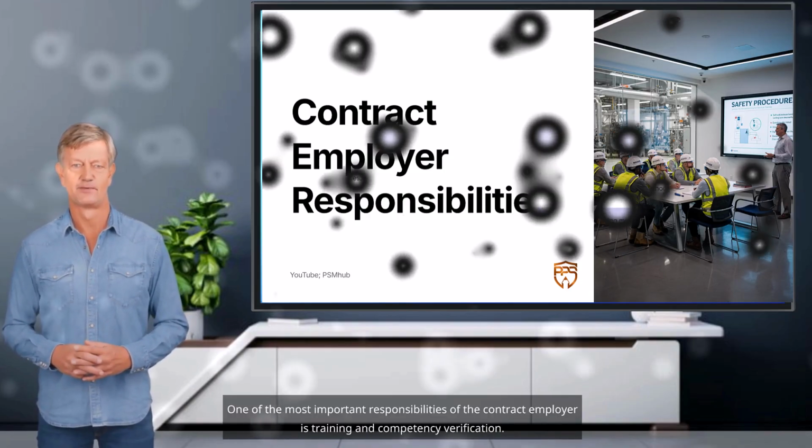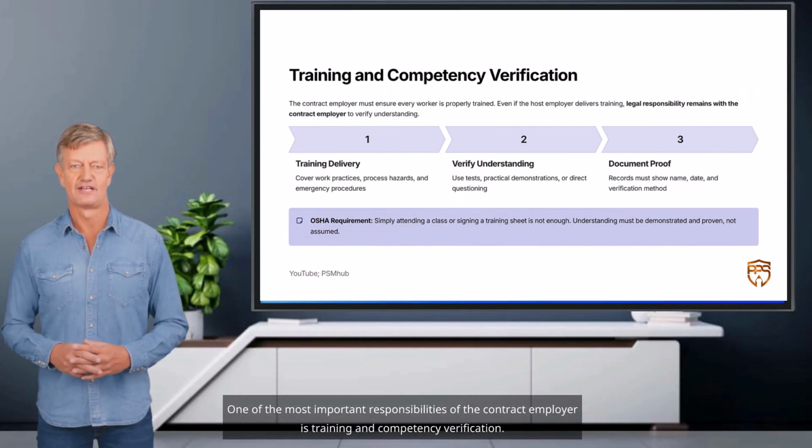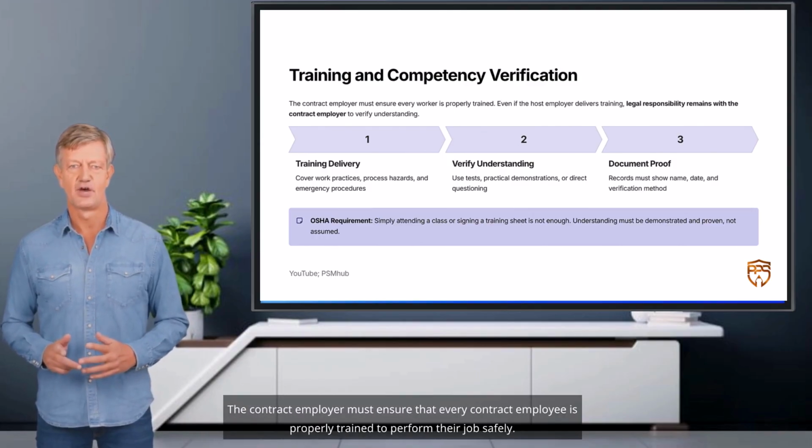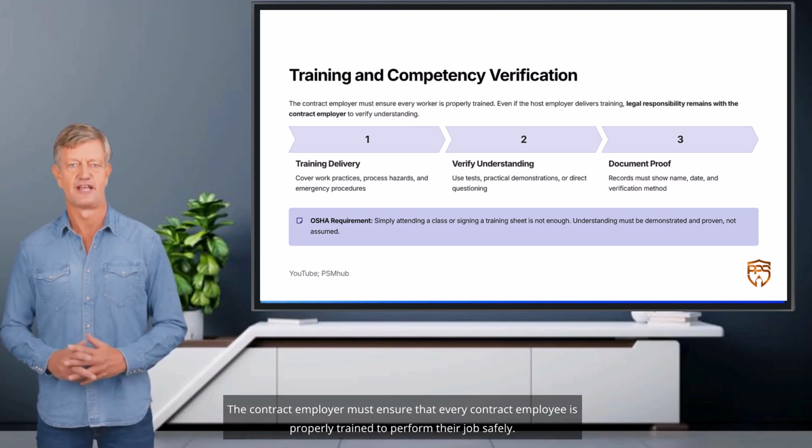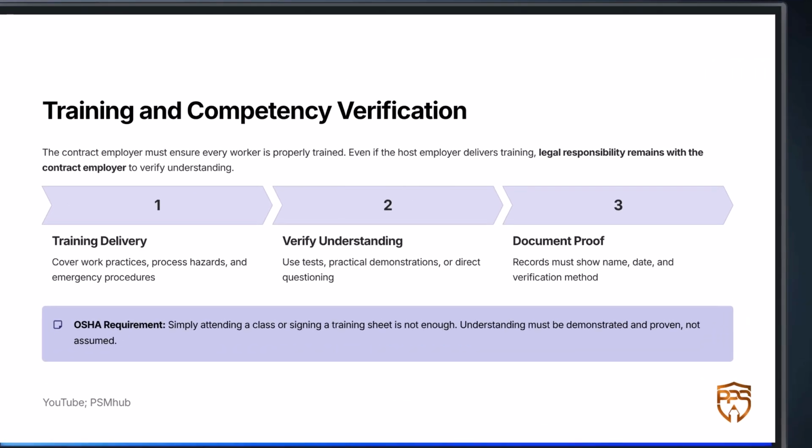One of the most important responsibilities of the contract employer is training and competency verification. The contract employer must ensure that every contract employee is properly trained to perform their job safely. This training must cover the correct work practices, the specific process hazards of the unit where the work is being done, and the emergency response procedures explained by the host employer.